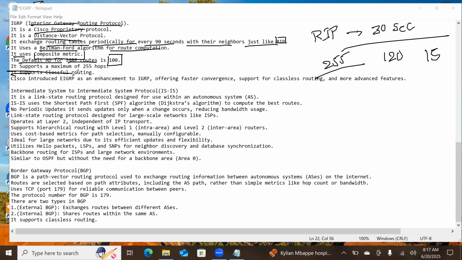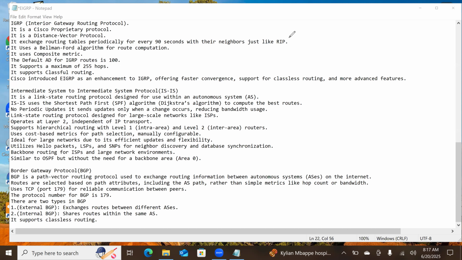So it is a classful routing protocol. OSPF is classless, right?